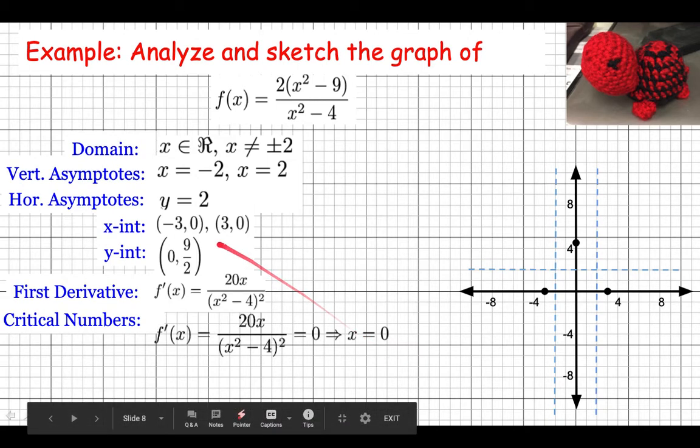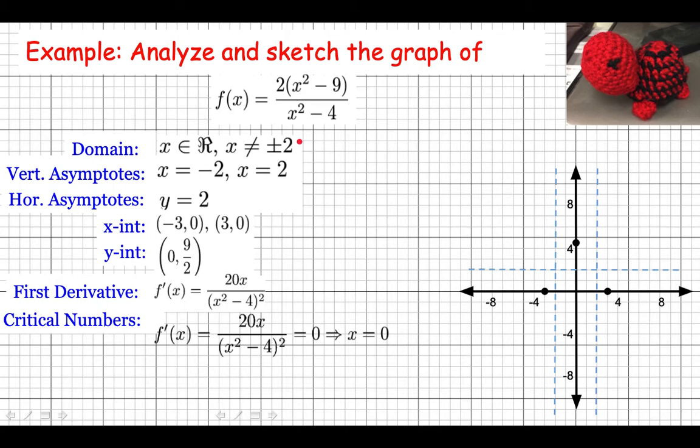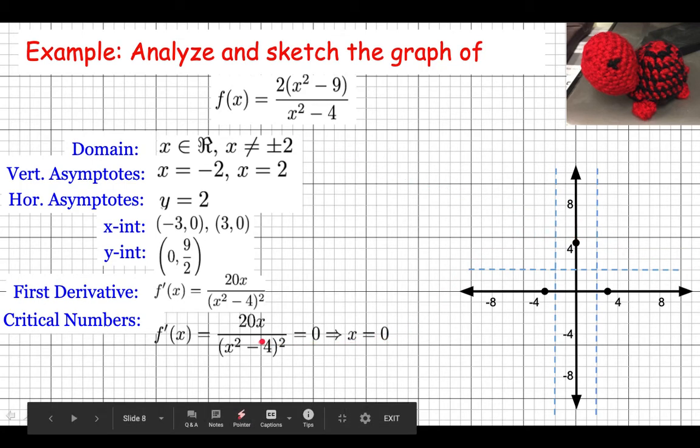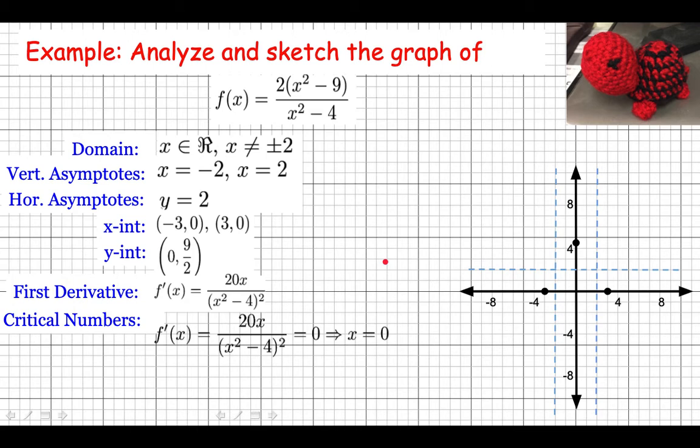So critical numbers are where that equals 0, and that's going to be where 20x equals 0. Where the derivative does not exist are also critical numbers, but those points are also not in the domain. Those are those asymptotes. So that's why we don't consider those as critical values. They're not in the domain.